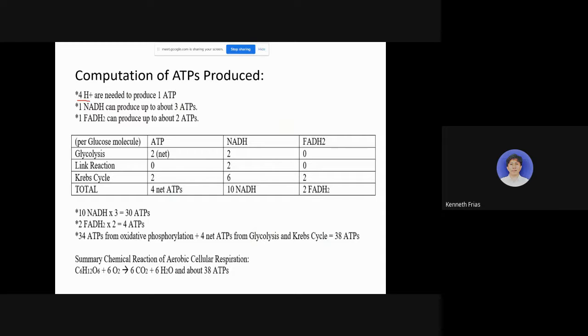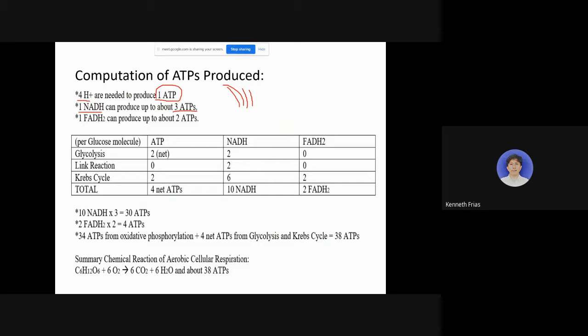So remember, the hydrogen ions are the ones that are passing through the ATP synthase through chemiosmosis. Four hydrogen ions are needed to produce one ATP. So that means the four hydrogen ions need to enter the ATP synthase to produce one ATP. And also based on their studies, one NADH, that electron carrier, can produce up to three ATPs.